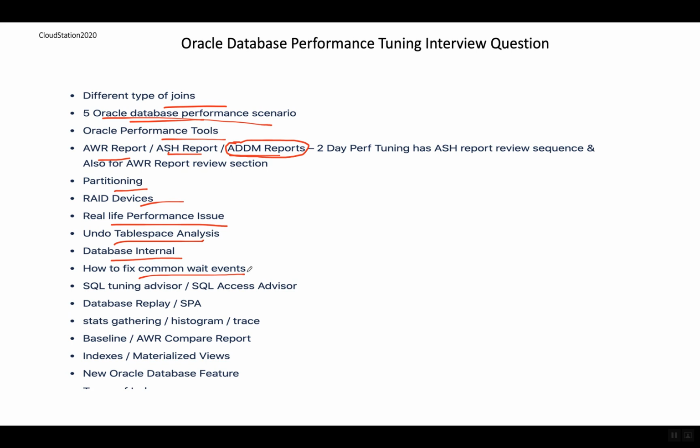There are two ways to understand it. One is that you actually understand what these wait events are, and then you can practically correlate: for this I need to do this. For example, if there is a buffer busy wait, what does it mean? The buffer is busy.